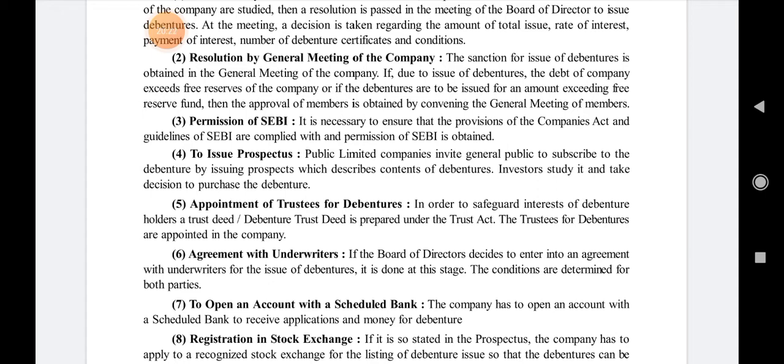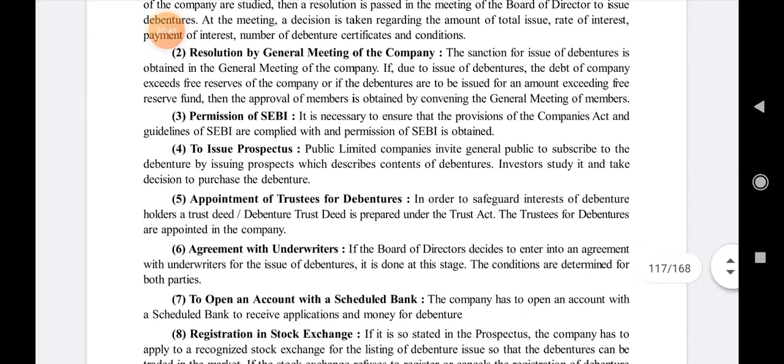Next one is to issue a prospectus. A public limited company invites the general public to subscribe to the debenture by issuing the prospectus, which describes the contents of the debenture. Means whenever you want to issue a debenture, after getting the approval of the SEBI, then you have to compulsorily issue one kind of prospectus.